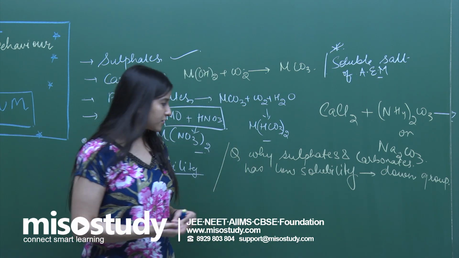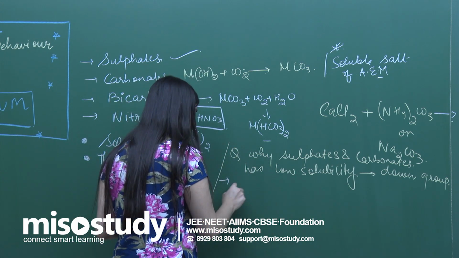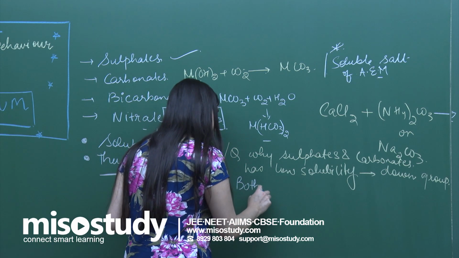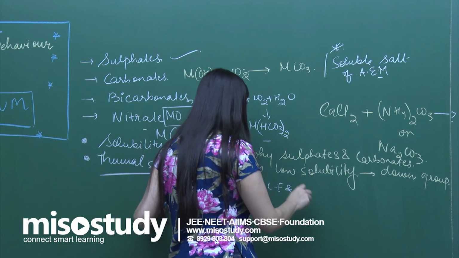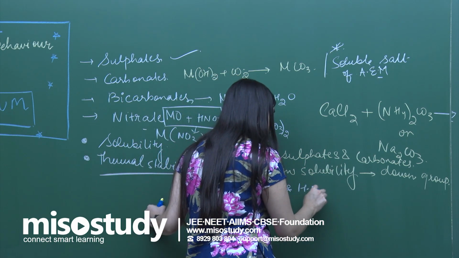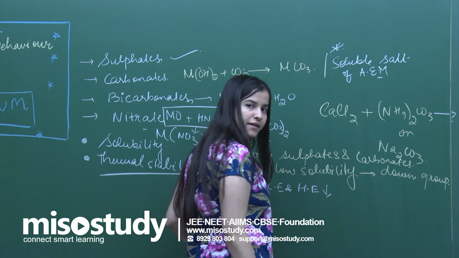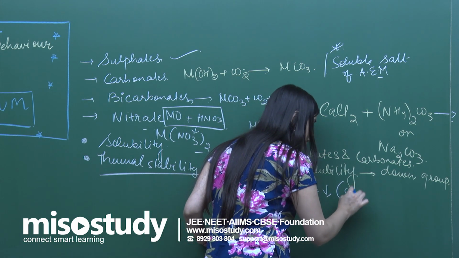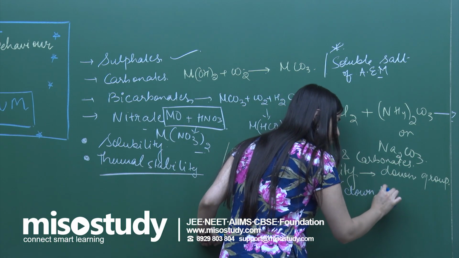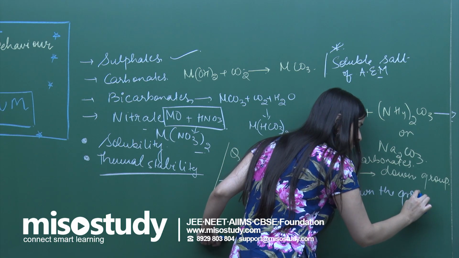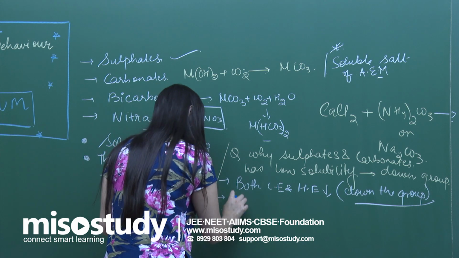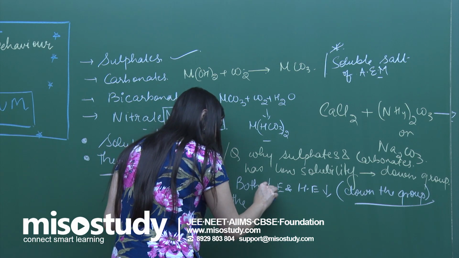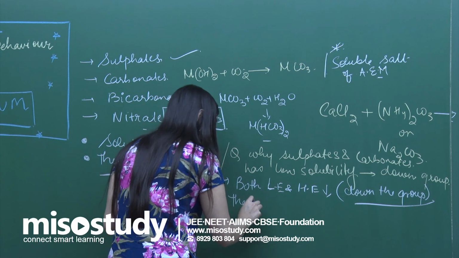Both of them decrease, right? So you need to write that both lattice enthalpy and hydration enthalpy decrease when moving down the group. But what happens is, this is lattice enthalpy, LE, right?